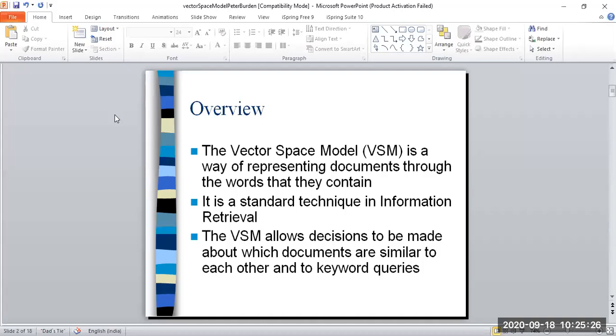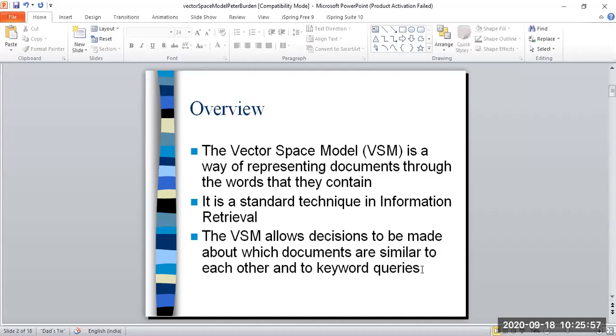That depends on the technique or model you are using, but basically 1 and 0 represent the two extremes, either totally equivalent or totally different. So the vector space model allows decisions to be made about which documents are similar to each other and to keyword queries.